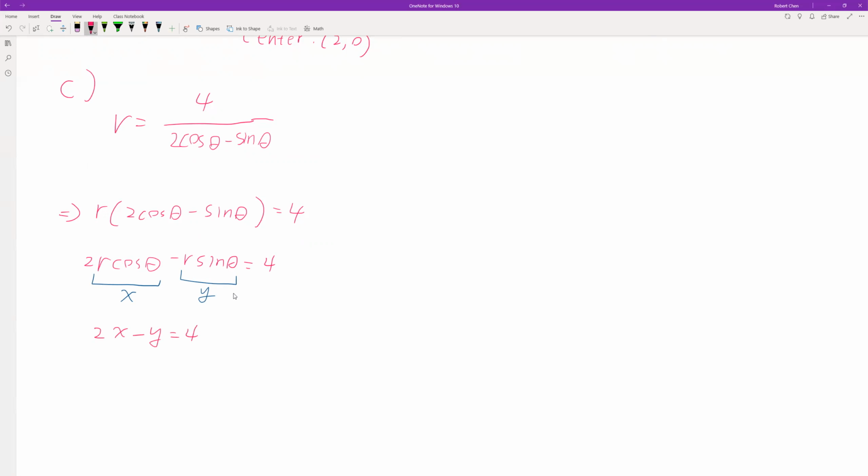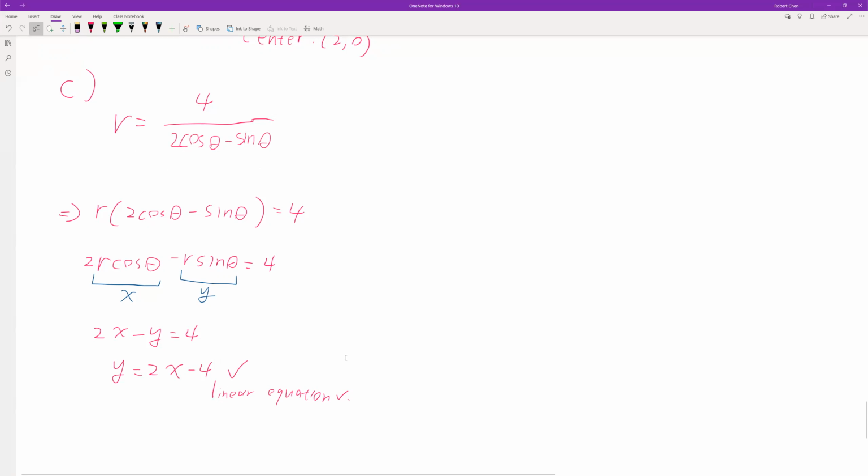By moving some things around, we get y is equal to 2x minus 4, which is a nice linear equation, right? So here's another example that in polar might look really crazy, but when we convert it to Cartesian, it's actually something we are very familiar with. It's a linear equation with slope equal to 2 and y-intercept equal to -4.